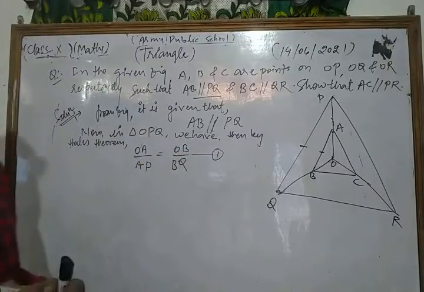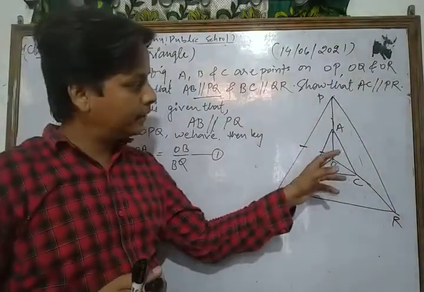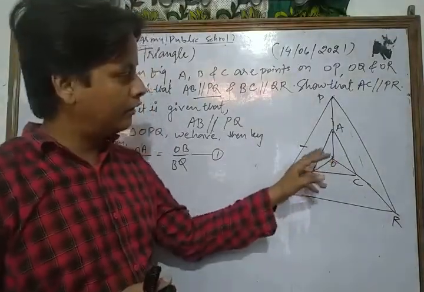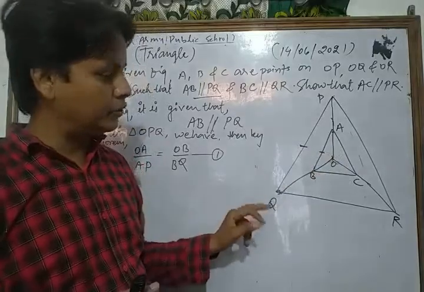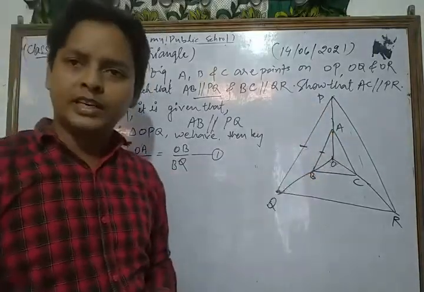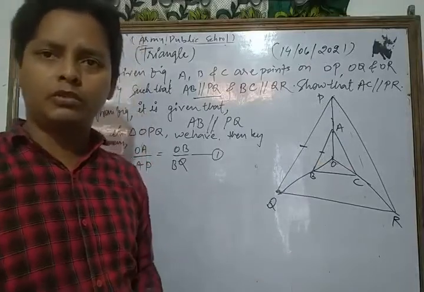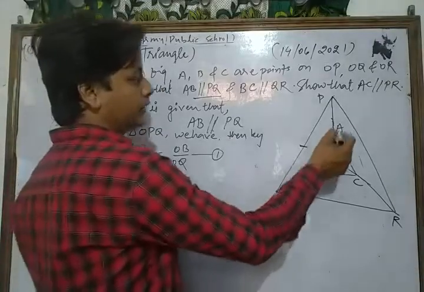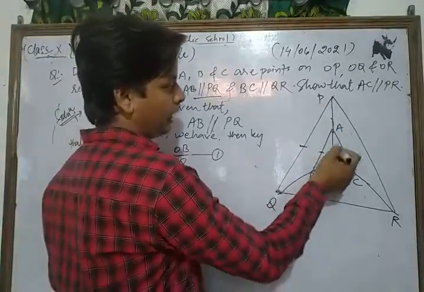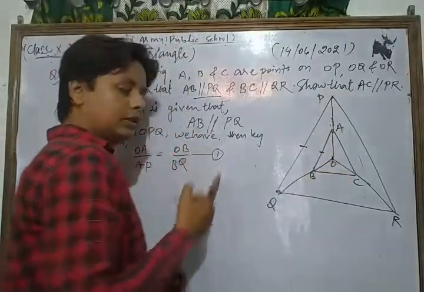In Thales theorem, in the given figure we already have AB parallel to PQ. So we take triangle OPQ, and if a line segment is parallel to one side of a triangle, then the other two sides are divided in the same ratio. So we have OA upon AP equal to OB upon BQ according to Thales theorem.